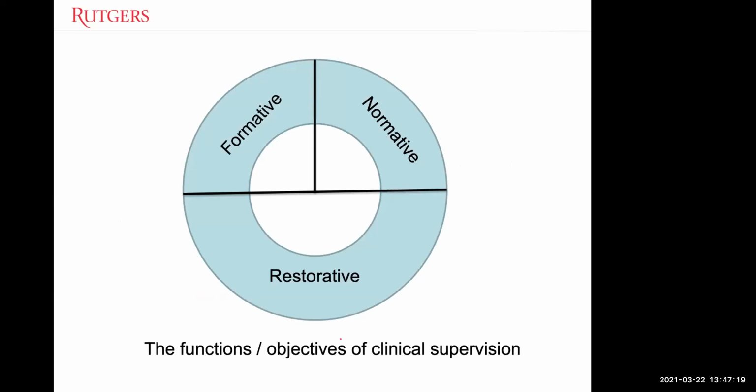Just the work I've been doing over the last year, the special sauce appears to be the restorative function, that if you get that right, people are willing to really take some risks and be more vulnerable within the supervisory experience. And we'll talk more about that. But this is where I'm at. I might even bump it up even more. But you get the idea.